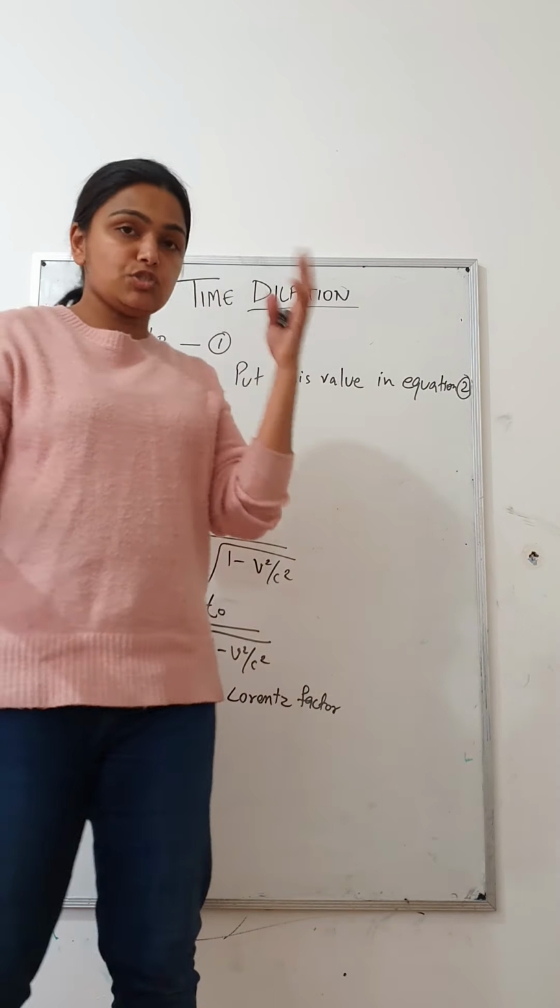So maybe try to remember it. Gamma equals 1 over square root of 1 minus v square divided by c square. So if we put this in this equation, t equals t0 gamma. This is nothing but the equation of time dilation. This one or this one, both are.